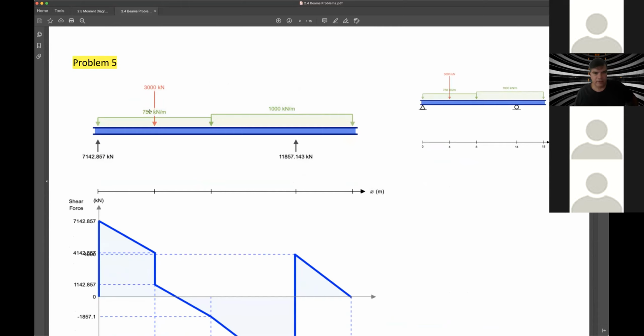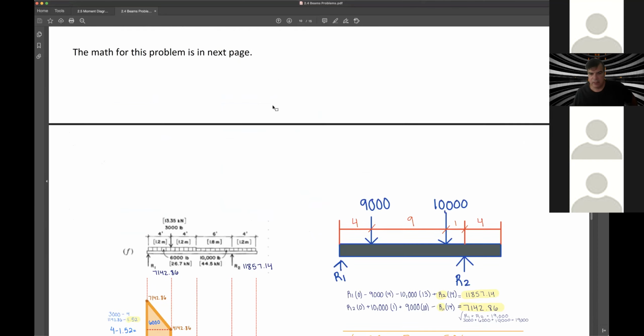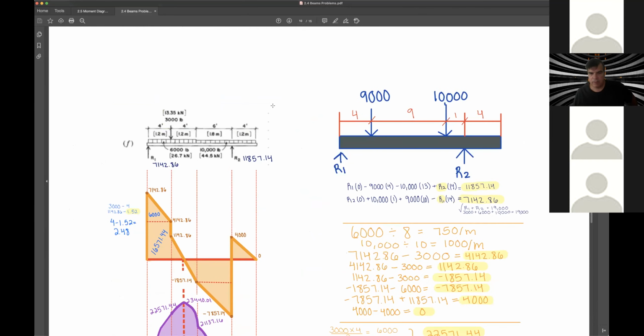Well, 750 or 1000 kilonewtons per meter, if we look at the next diagram, the numbers are 8 plus 10, okay? 750 multiplied by 8 and 1000 multiplied by 10 is exactly the same as this one.